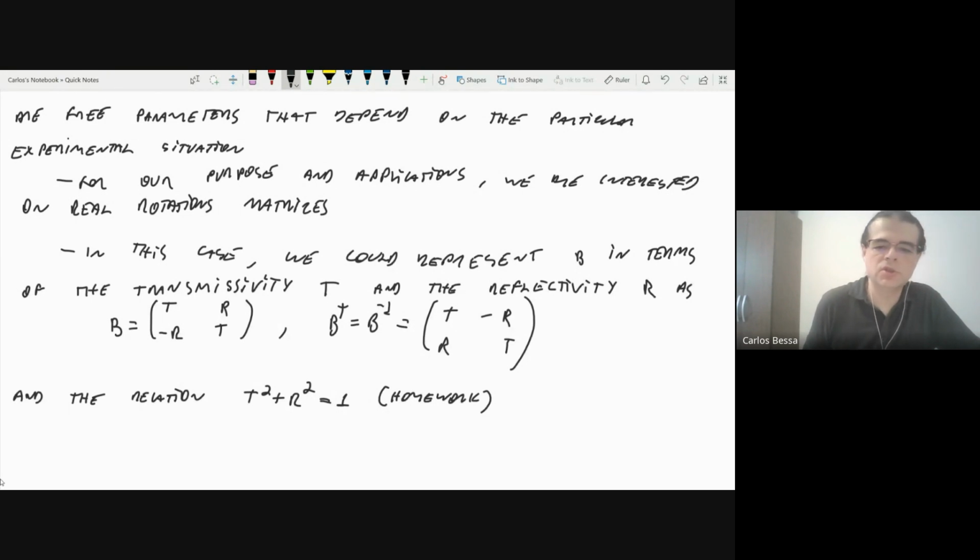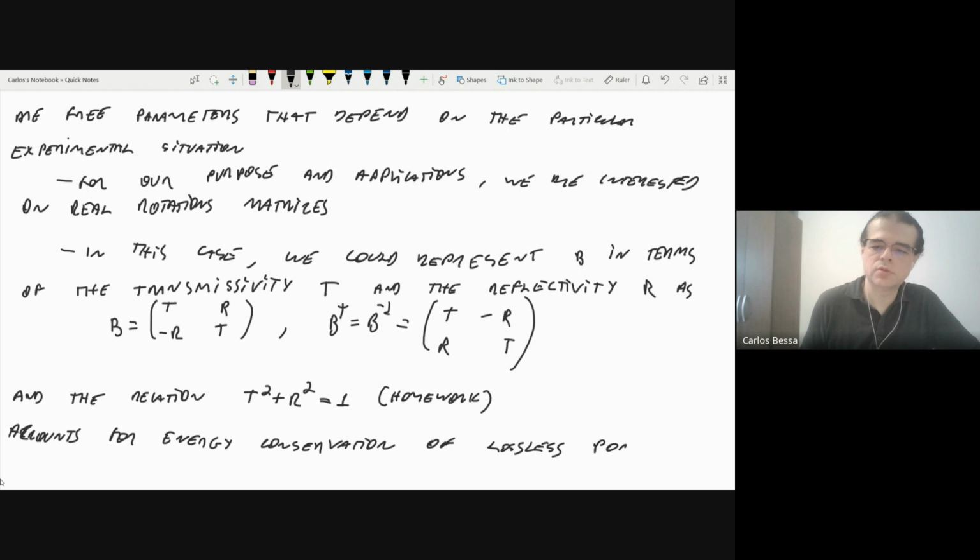And this relation, that is homework, accounts for energy conservation of lossless, idealized lossless ports.